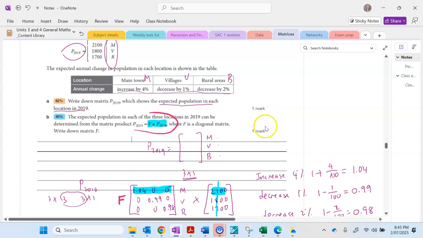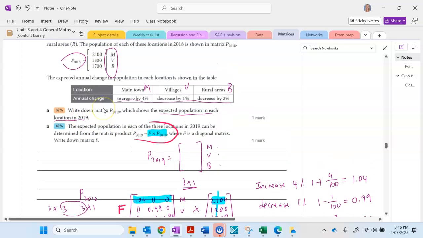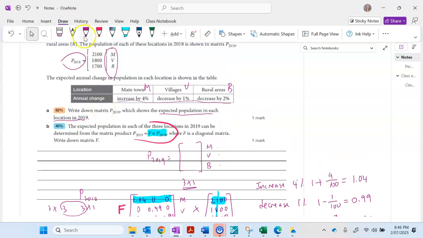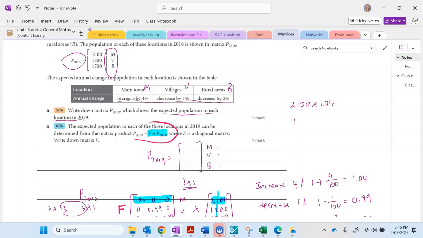Anyway, that's all good. So for part A, if you're thinking, well, how was I meant to do that? You can just take the value 2,100, which was the population in 2018, multiply that by 1.04, and then 1,800 times 0.99, and then 1,700 times 0.98.